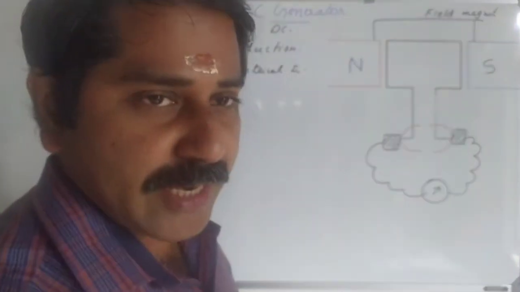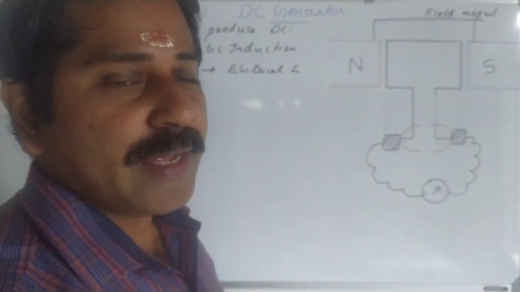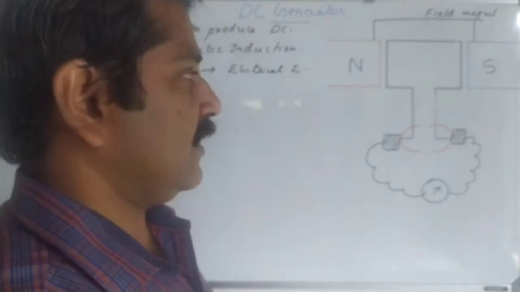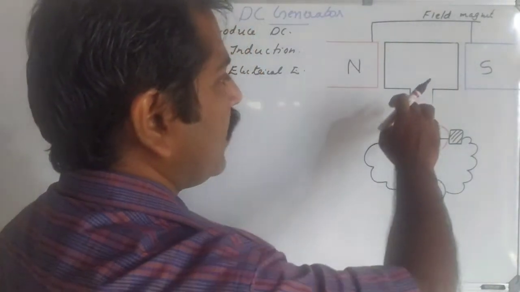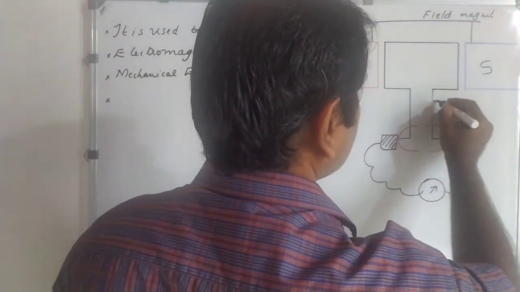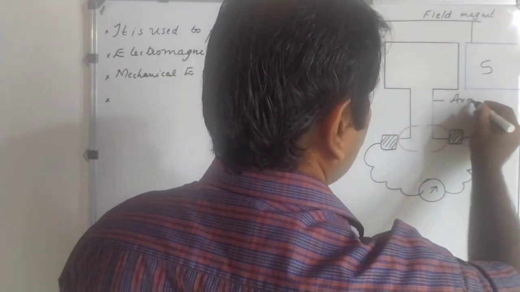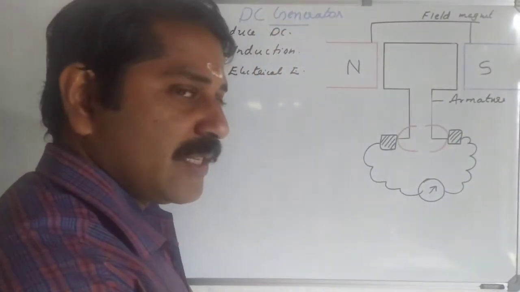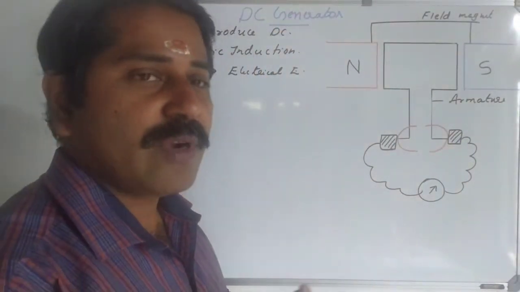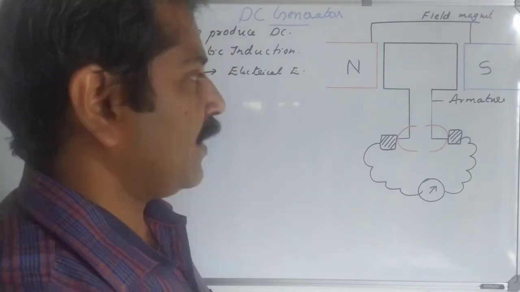These are the magnetic poles which provide the magnetic flux lines. In between these two, we can find the armature, which we have learned. What is an armature? It is a soft iron core wound with insulated copper wire.